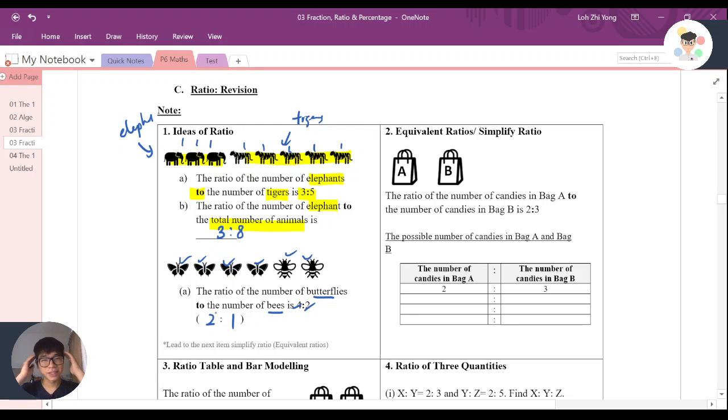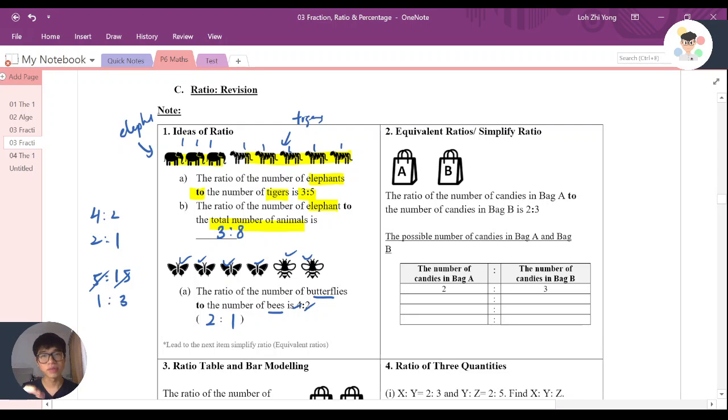Okay? And this is now a very important concept for you to take note of, that ratio is the simplified or simplest version of the numbers. It means that, for example, 4:2 just now is 2:1. Another example, 5:15 is actually simplified to 1:3.